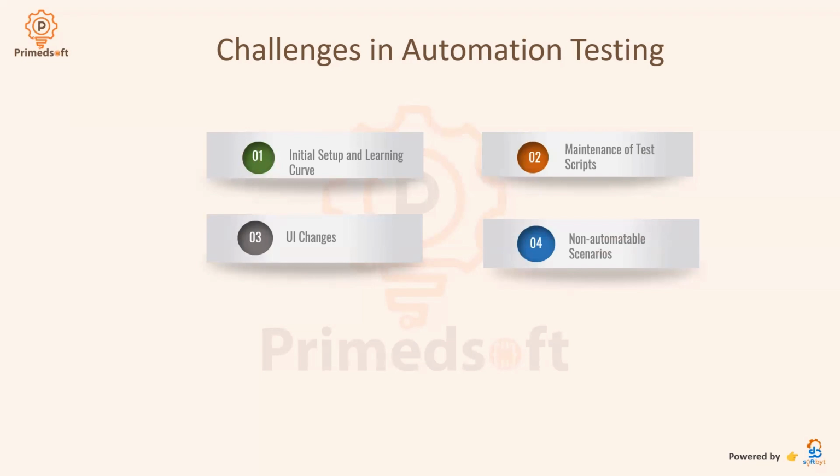Not all testing scenarios are conducive to automation. Certain test cases, such as those involving subjective evaluation, exploratory testing, or scenarios requiring human intuition, are challenging to automate. So there are certain test cases. I have tested a functionality before, right?